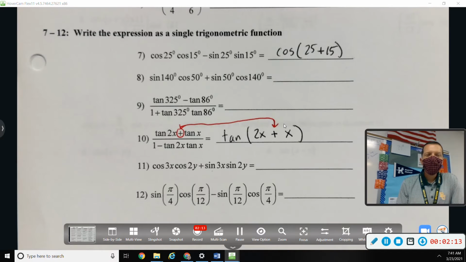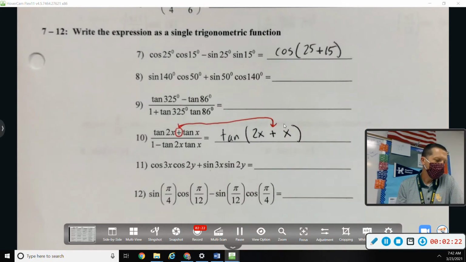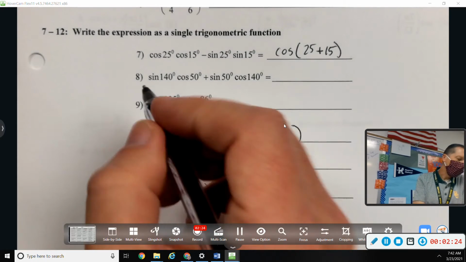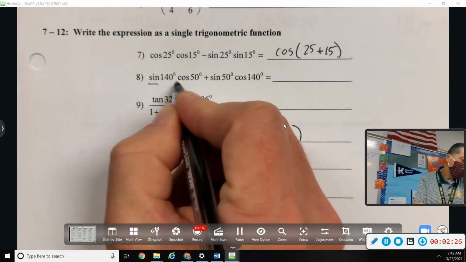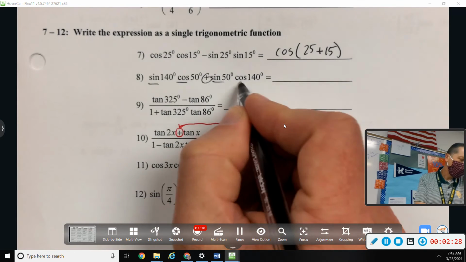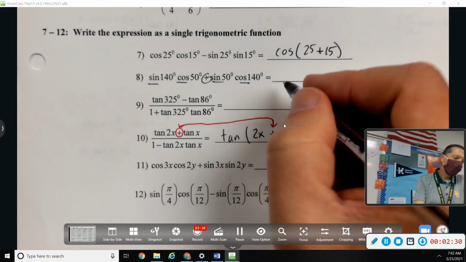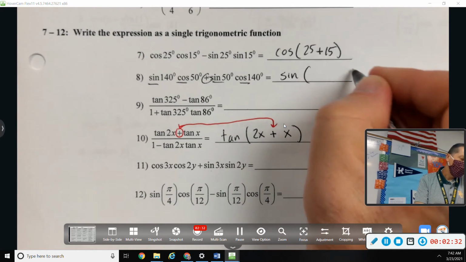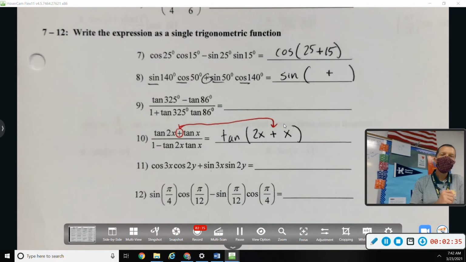So 7 through 12 are like pattern recognition. There's not really anything to do. It's just, do you recognize what formula it came from? Do you recognize the right-hand side of the formula? So you're not really looking at the numbers. You're just looking at sine cosine plus sine cosine. Well, that looked like the sine of adding two things. And then the two things are 140 and 50.